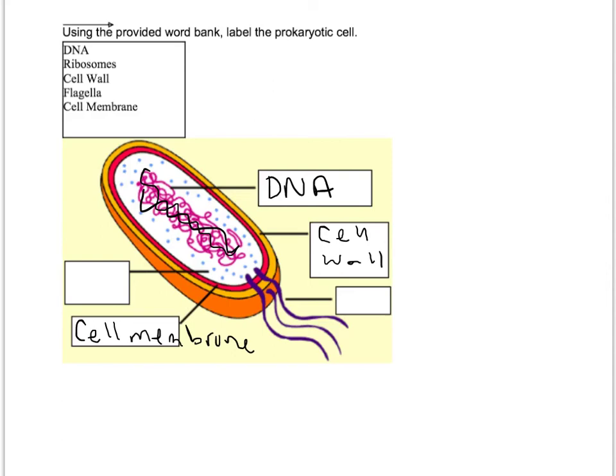Let's see. This is actually pointing to these little dots. And these little dots are ribosomes. And these things that are hanging out the back here are called flagella, and they help the cell move around.